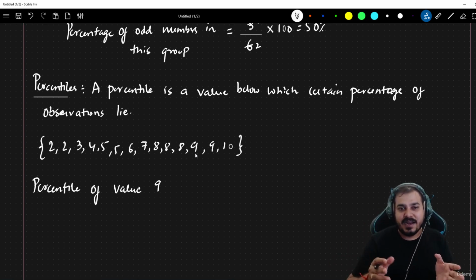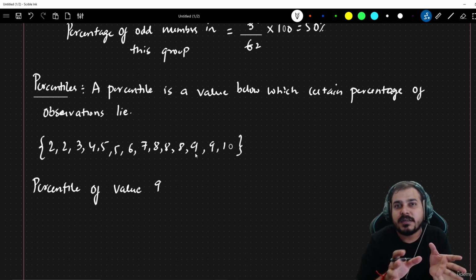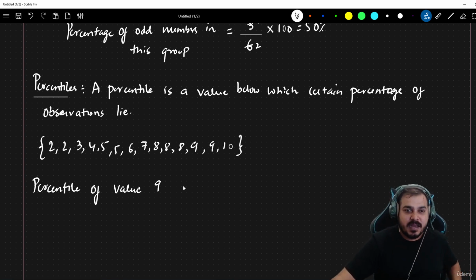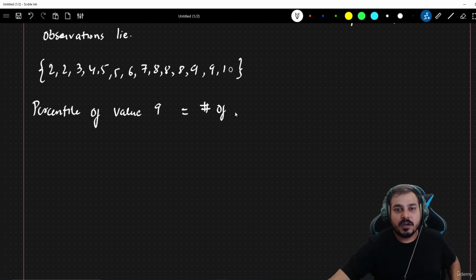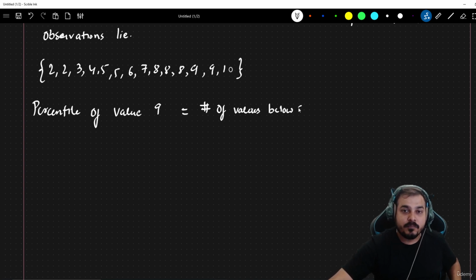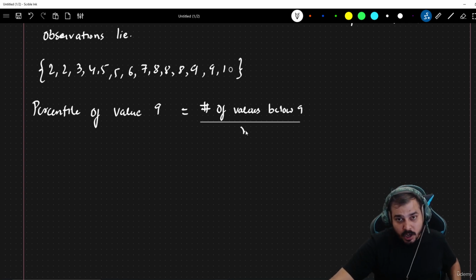This basically says that, suppose if we calculate the percentile, let's consider this. So for this, the formula will be very much simple. It will say that, let me write it down properly, the number of values below 9 divided by small n, which is my sample size, multiplied by 100.